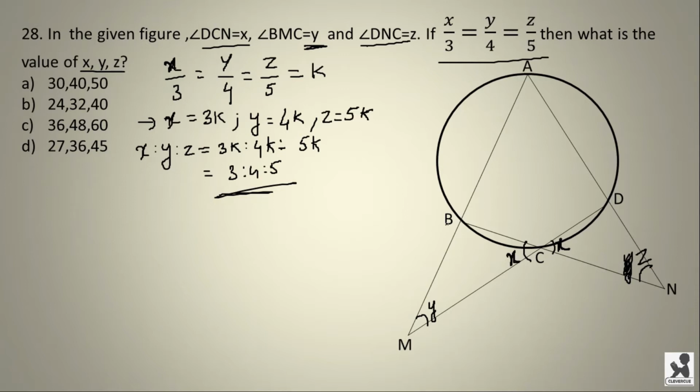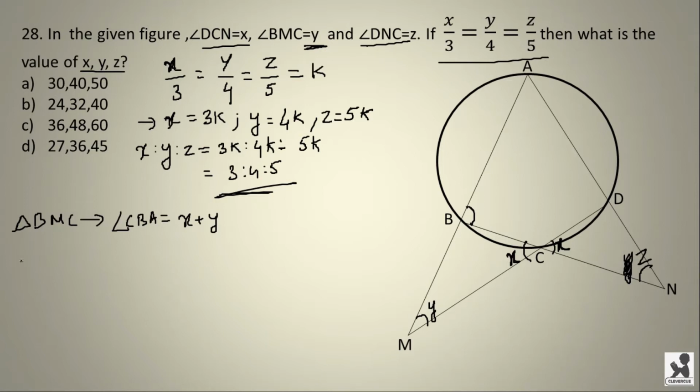If you consider triangle BMC, the external angle CBA will be equal to x plus y, because the external angle is the sum of the opposite interior angles.